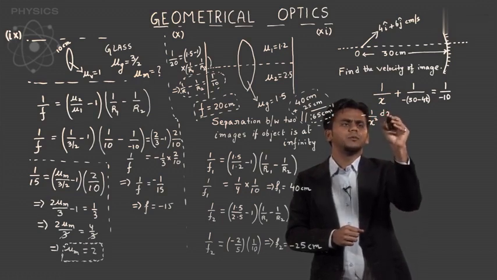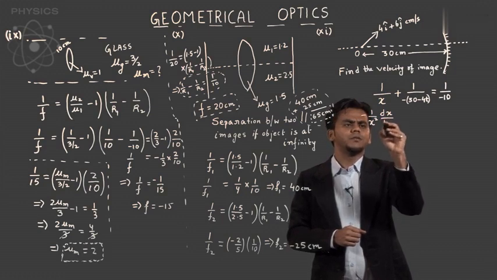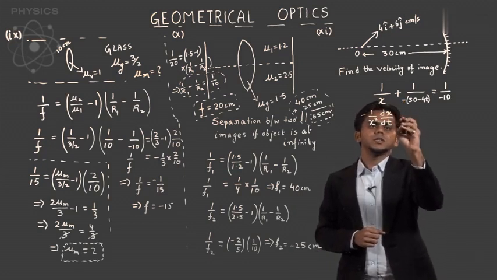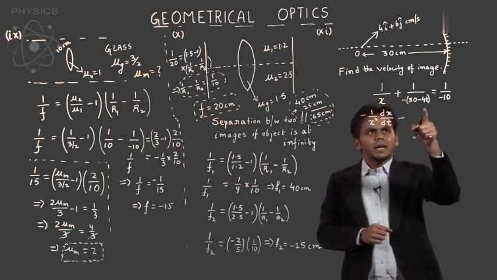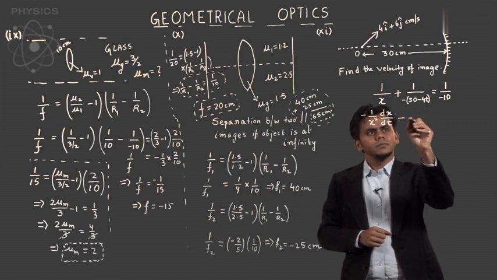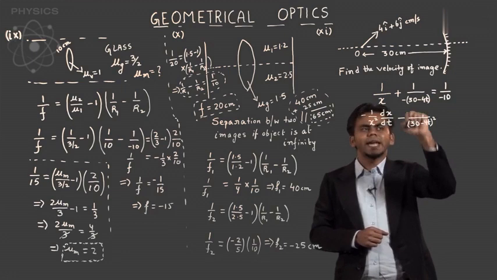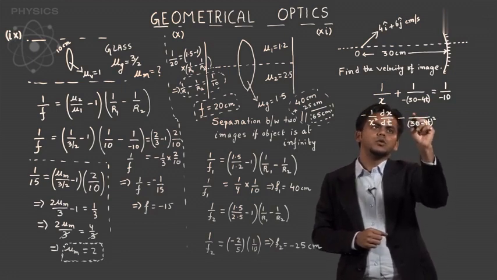I'm using the chain rule over here. I hope you are familiar with the chain rule by now. I don't need to give you the chain rule explanation again and again. This plus minus becomes minus, and this becomes 30 minus 4t whole square. Differentiate the inside, which is minus 4.